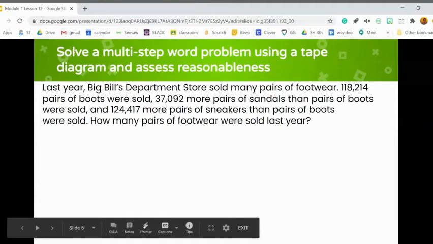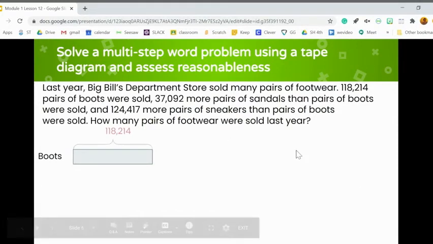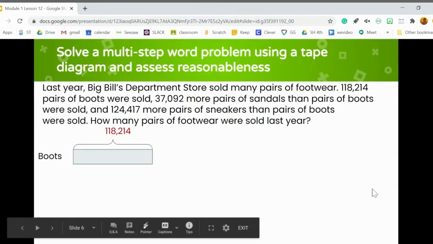So the first thing that we're going to do is show how many boots were sold. And we know that number is 118,214. So that's my first tape. Now the second piece of information that I know is that the sandals was the amount of boots plus 37,092 more.